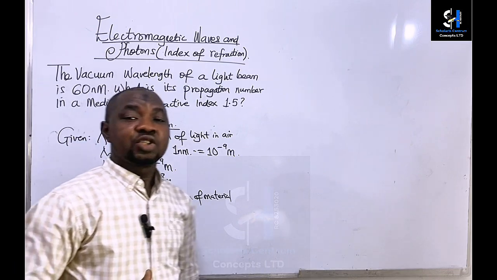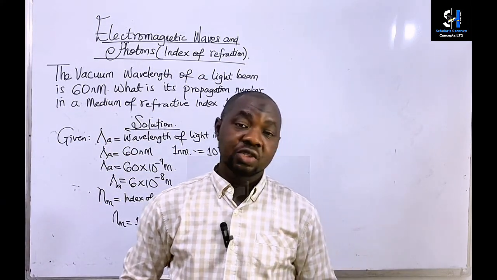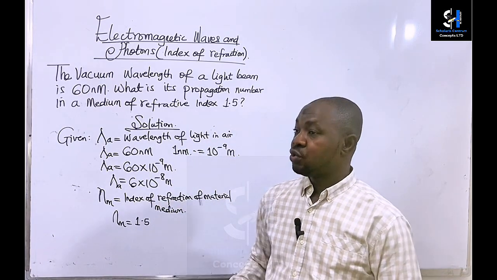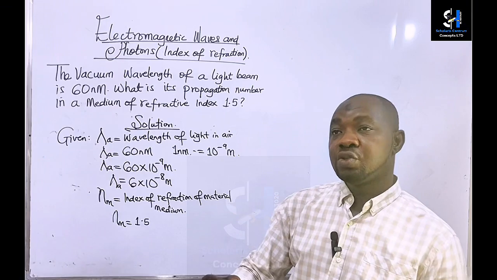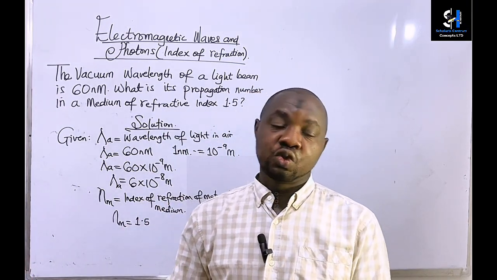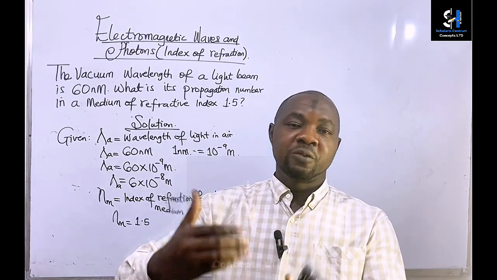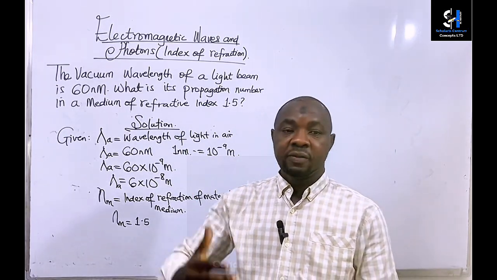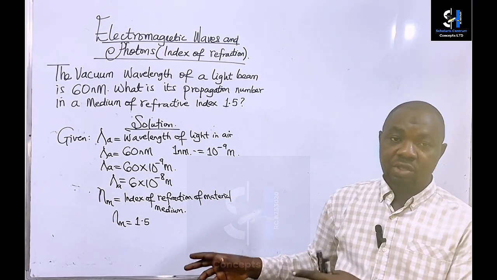Remember, index of refraction is a dimensionless quantity. It has no unit, because it is measured as the ratio of the speed of light in air to the speed of light in a material medium. That means we have a ratio of two like quantities, velocity divided by velocity, so there is no unit.